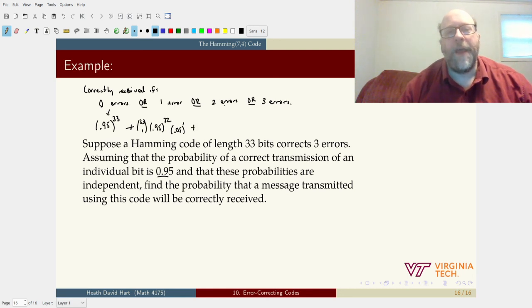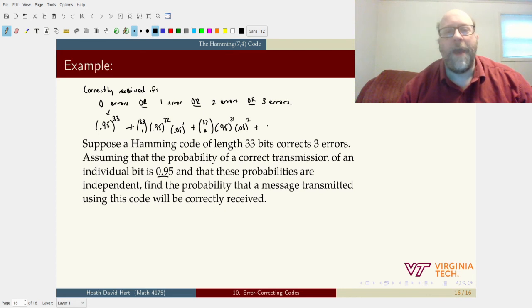The possibility of having 2 errors is 0.95 to the 31. 31 correct bits and 2 bad bits. And those 2 bad bits can be anywhere in the 33. Any of the 33 choose 2 pairs of bits.